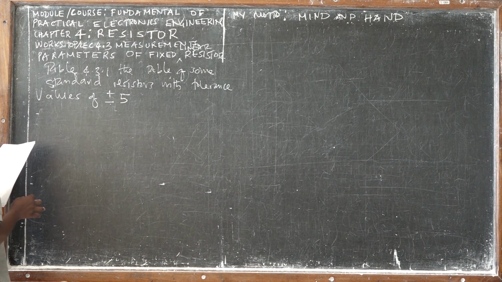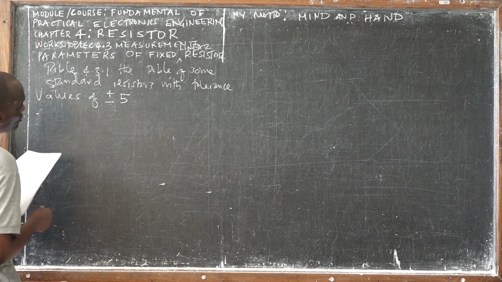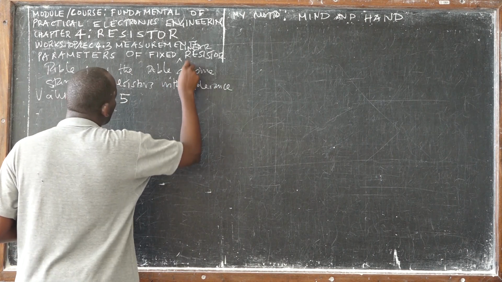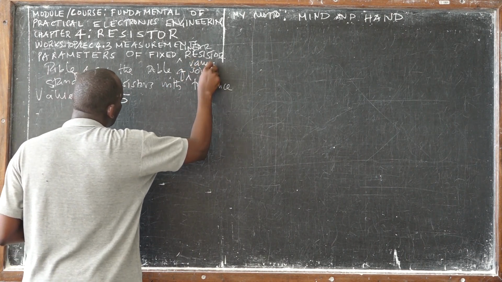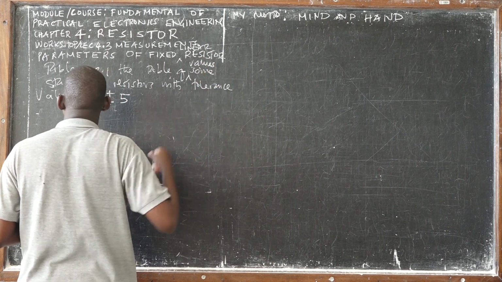So these are the resistor values. The table of some values of resistance. I think that let me write.